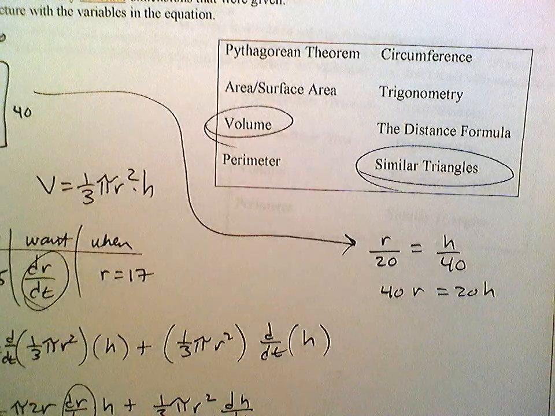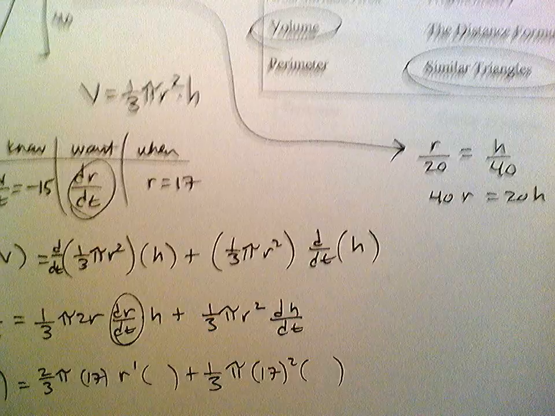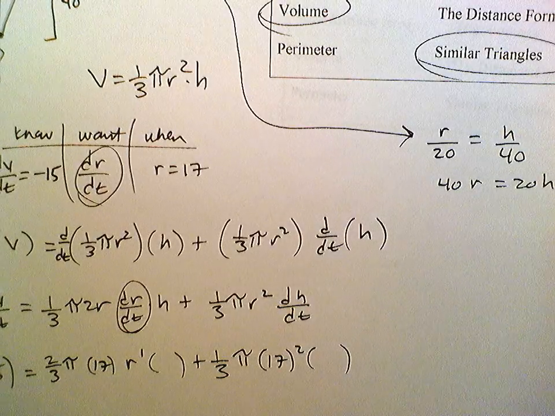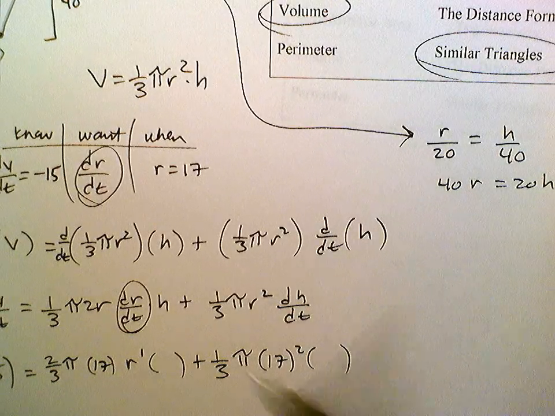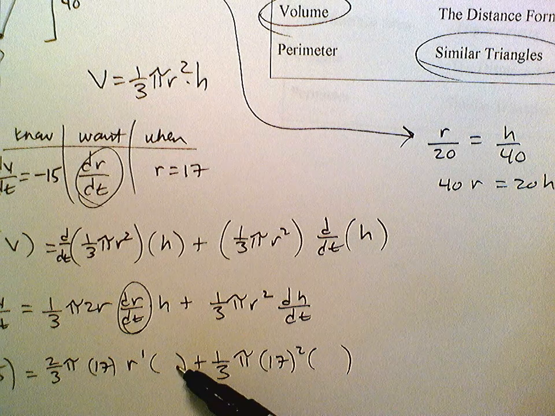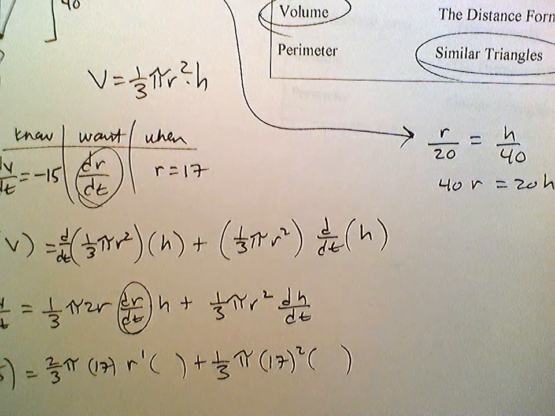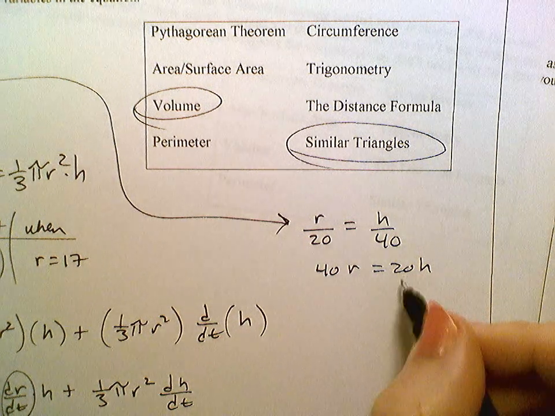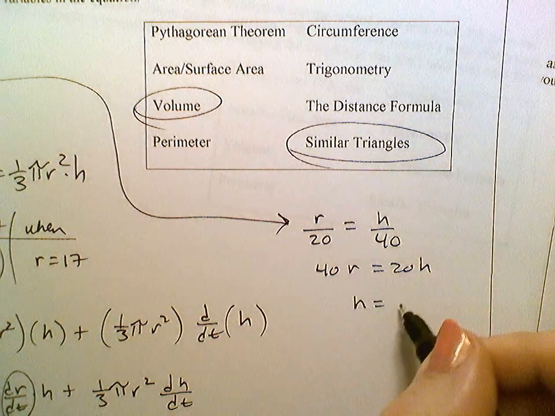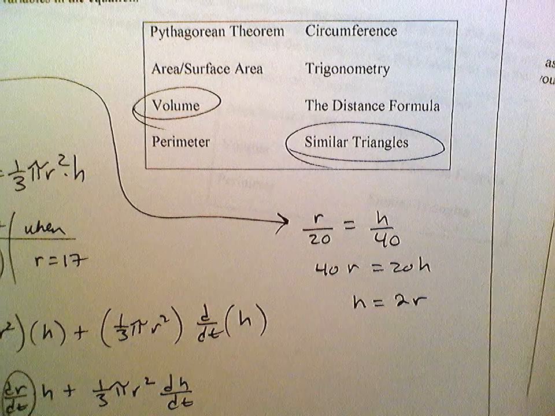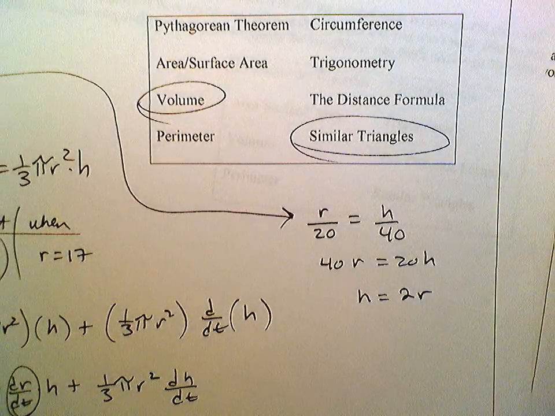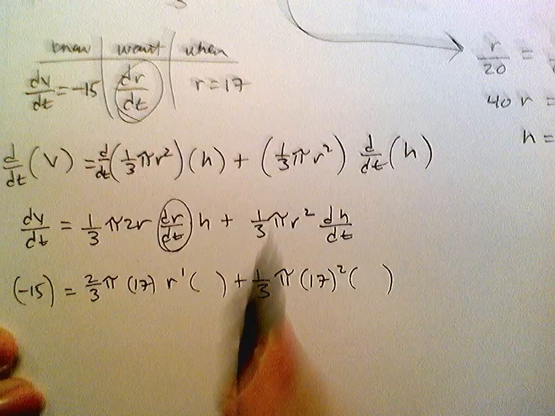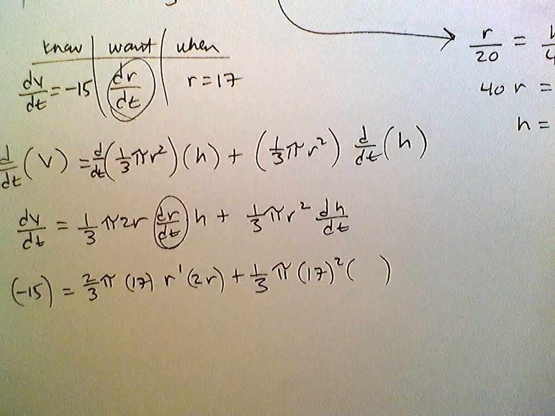And guys, when you're solving for something, you want to solve for what you want to replace. So what do you want to replace? That's what you solve for. I want to replace h with something else. So I'm going to solve for h, divide both sides by 20, you get that h equals 2r. So where you had this h before, you can put in a 2r.